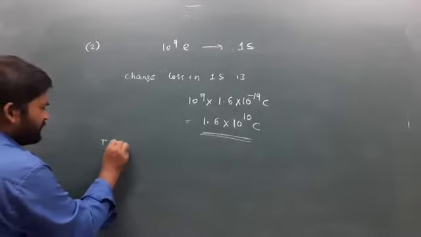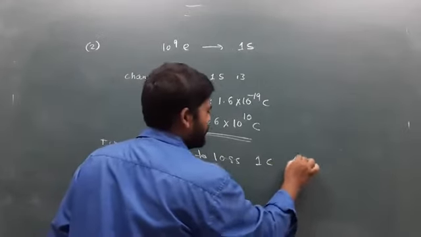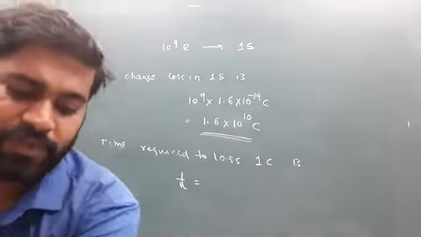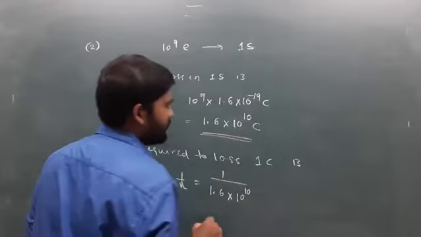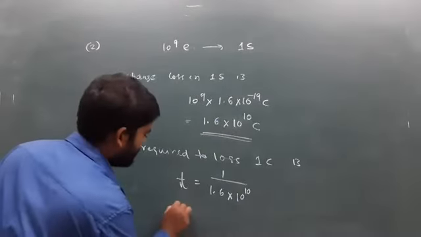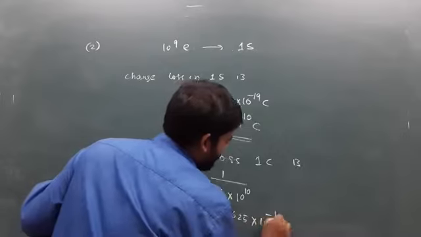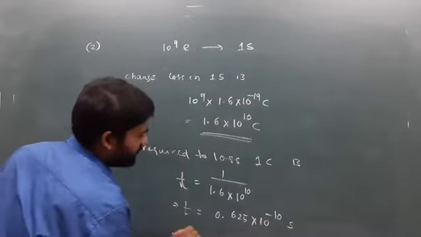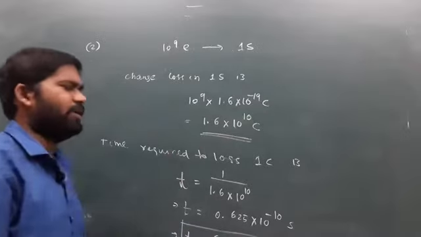The time required to lose 1 coulomb is T equals 1 by 1.6 into 10 to the power minus 10. So T equals 1 by 1.6, that will be 0.625 into 10 to the power 10 seconds. So T equals 6.25 into 10 to the power 9 seconds. This will be the time to lose 1 coulomb of charge.